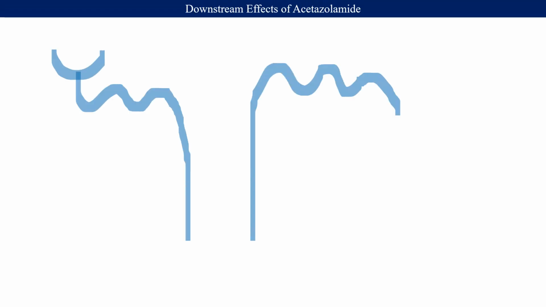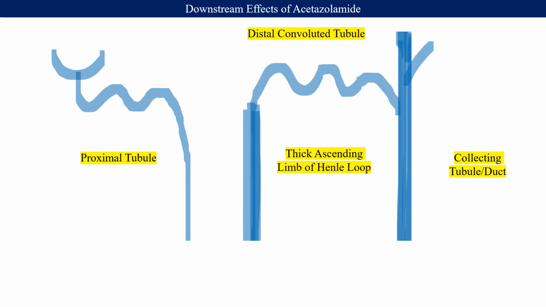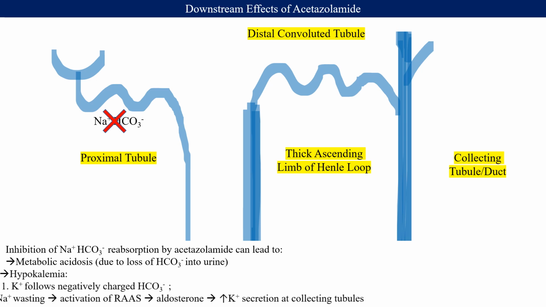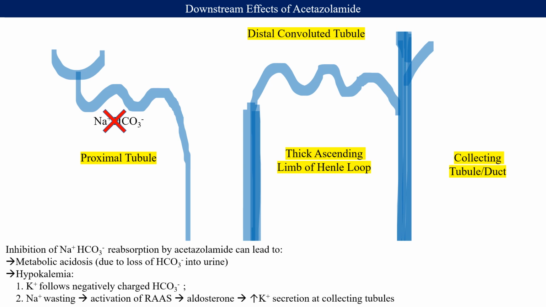In addition to blocking sodium reabsorption, what else can happen when we take acetazolamide? Inhibition of sodium bicarbonate reabsorption by acetazolamide can lead to metabolic acidosis due to the loss of bicarbonate into the urine and hypokalemia. The reasons for hypokalemia include: number one, potassium is positively charged.